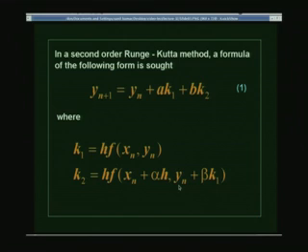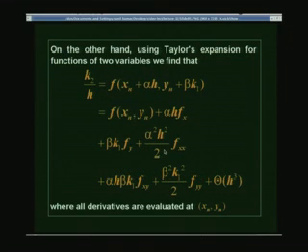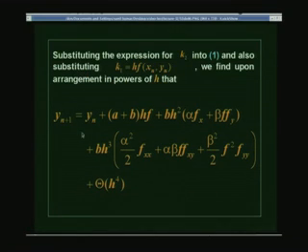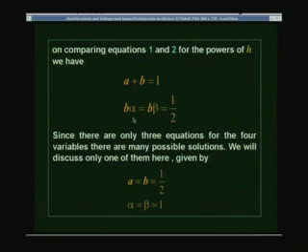Then I compare the two expansions, the order h and h square terms, and I would get a plus b equal to 1 and alpha b plus b beta equal to 1. So that's what I would get.